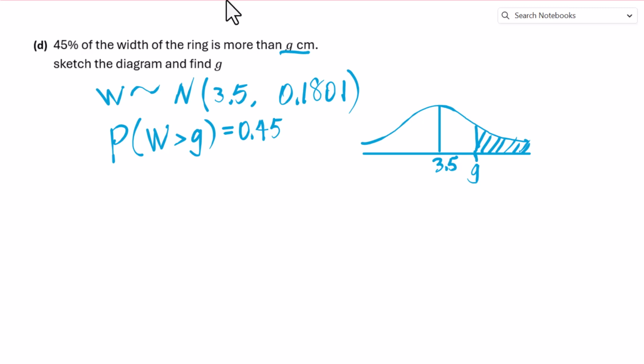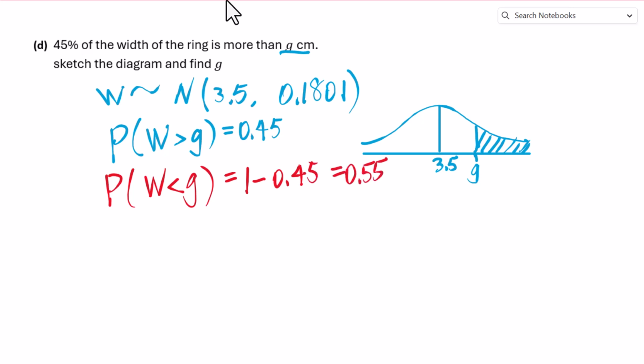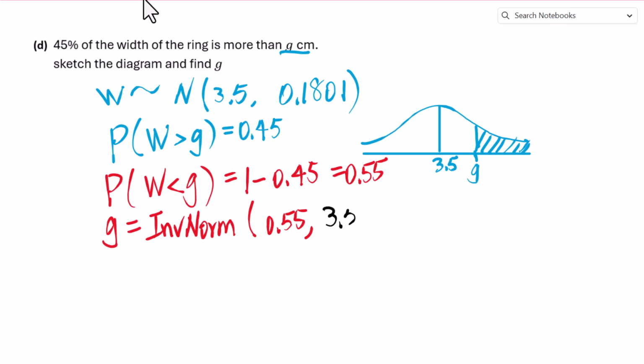So we need to figure out probability of W less than G equals 1 minus 0.45 equals 0.55, which means G equals inverse norm. Area is 0.55. Mean is 3.5.